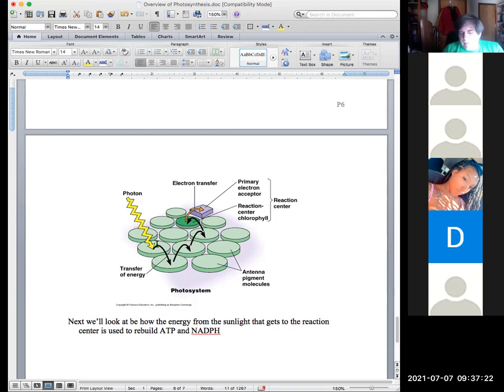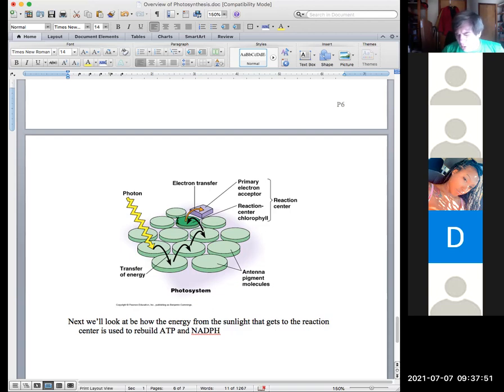Now, keep in mind, when the electron gets a little bit of energy and it transfers this energy through other electrons and other pigment molecules, there's a little bit of energy lost at each transfer. Remember what we talked about earlier with the laws of thermodynamics. No transfer of energy is 100% efficient. So we lose a little bit of energy at each spot.